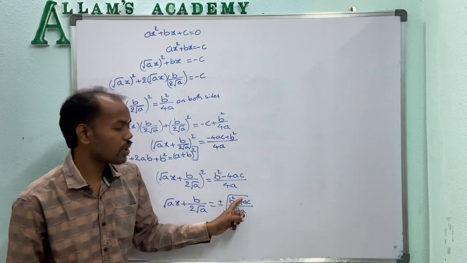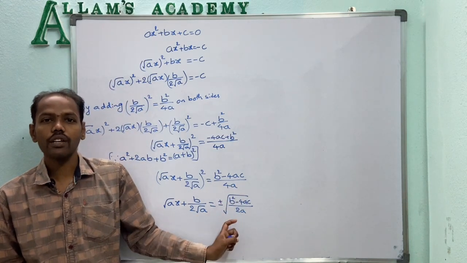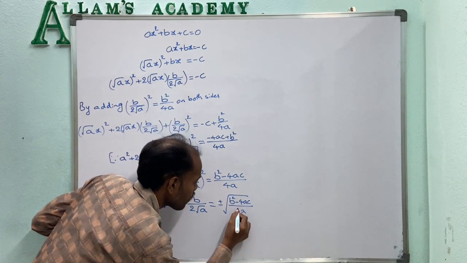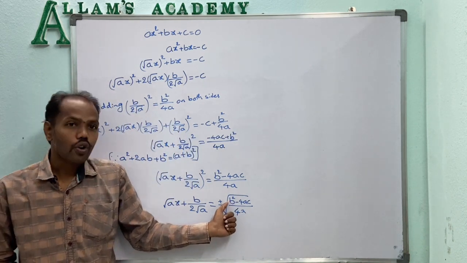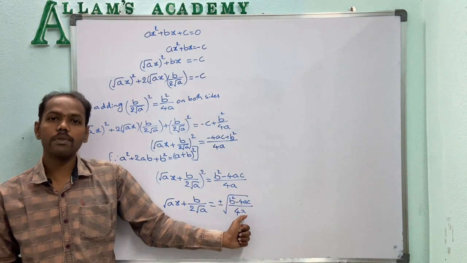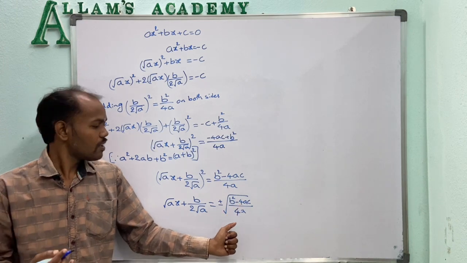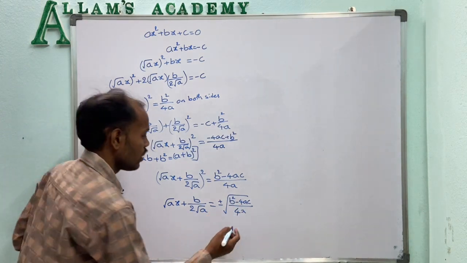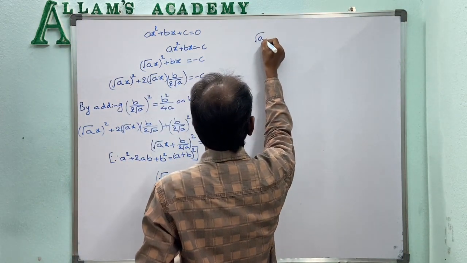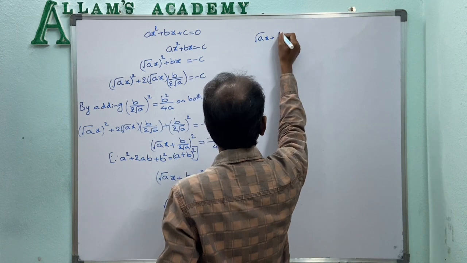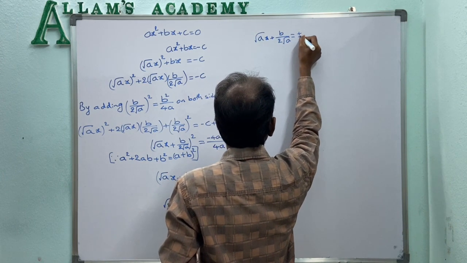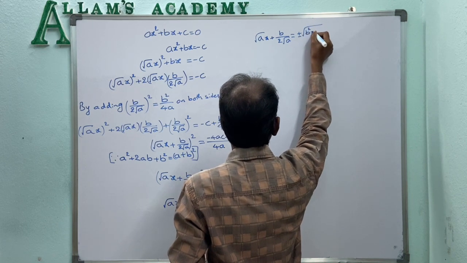Now root x by y we can write as root x by root y. So under root b square minus 4ac by root 4a. Root xy means root x into root y, so root 4 we can write as 2, into root a. So root a x plus b by 2 root a equal to plus or minus root b square minus 4ac by 2 root a.